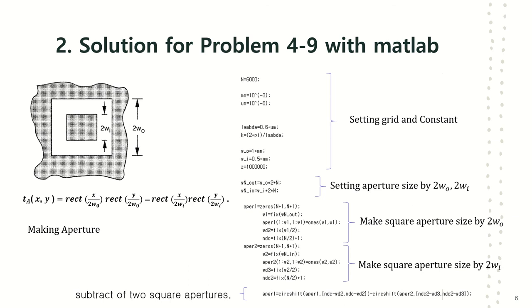And I proceed with this process to MATLAB. And here's the MATLAB code. First, I defined the grid and constants and made the aperture by subtraction of two rectangular apertures. I set the wavelength to 600 nanometers and set WO and WI to 1 millimeter and half a millimeter.